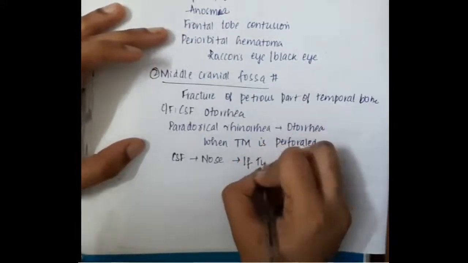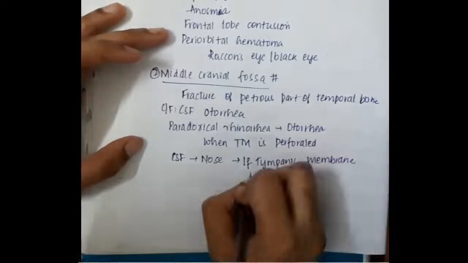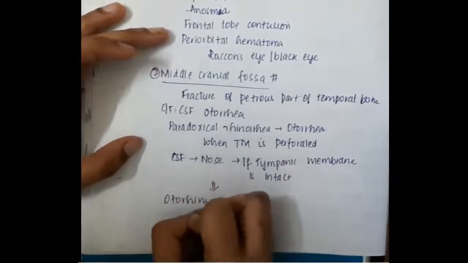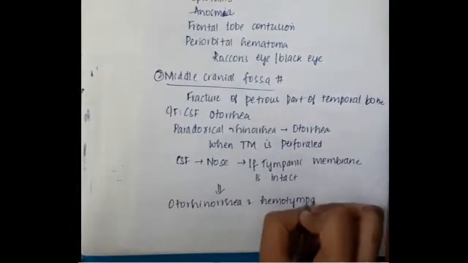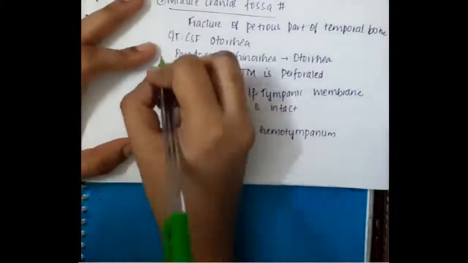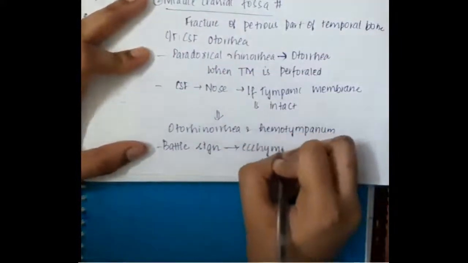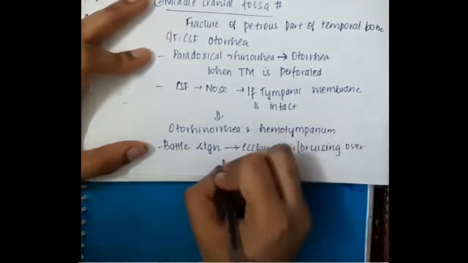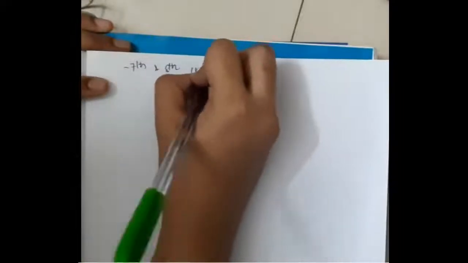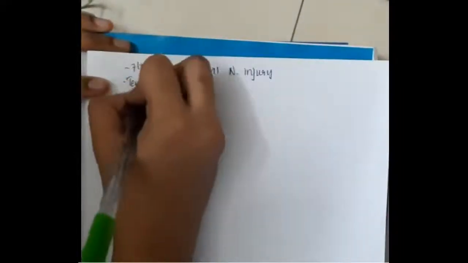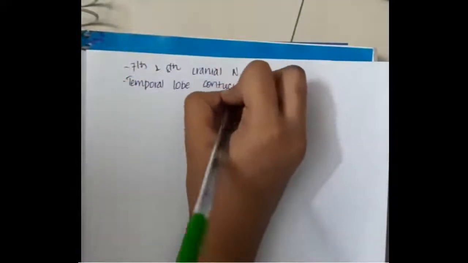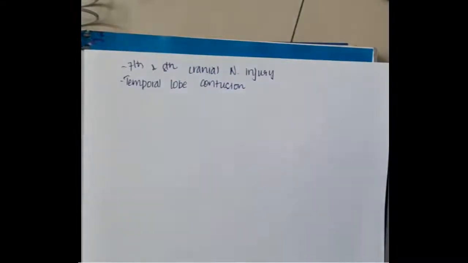CSF can also be lost from the nose, that is, otorhinorrhea can occur, and hemotympanum can occur. One important sign is Battle sign, where you see ecchymosis or bruising over the mastoid. You will also see 7th and 8th cranial nerve injury and temporal lobe contusion.